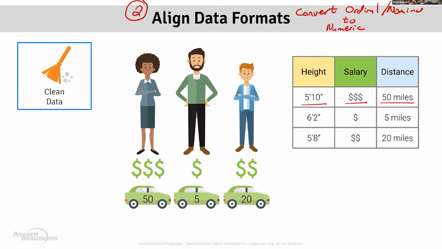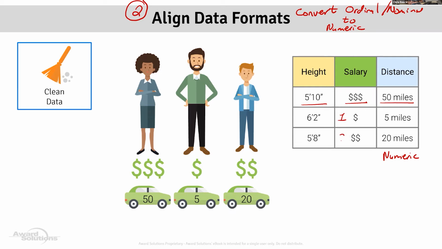So in this case, how would I want to do this conversion? I've got 3 different, pretty distinct formats. I've got something that's a simple numeric, 5520. I've got something that's more of an ordinal: low salary, medium salary, high salary, number of dollar signs, and then I have height. As part of a conversion, if the salary is 1 dollar sign, I'll put a 1.